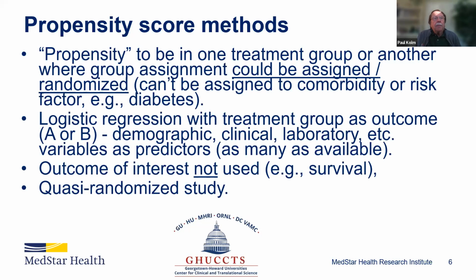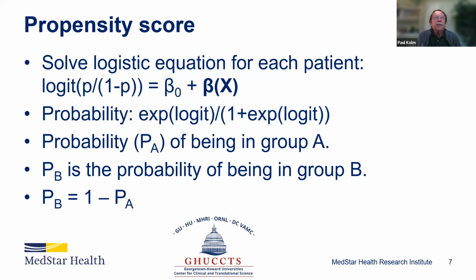And so what we're going to come up with is what's known as a quasi-randomized study. In other words, we're going to create essentially a randomized study, although it's not truly randomized in the usual sense of the word.